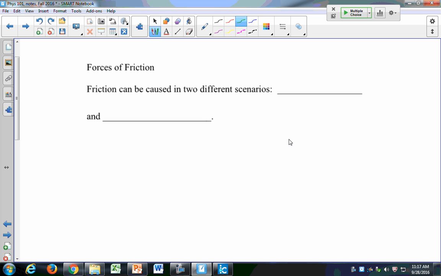Friction, we can have two types of friction. Actually, we'll have two sort of large categories of friction, and then we'll have two different types of friction in practice. We can think of them in two different scenarios. In macroscopic friction, like, you know, big scale, and microscopic friction.